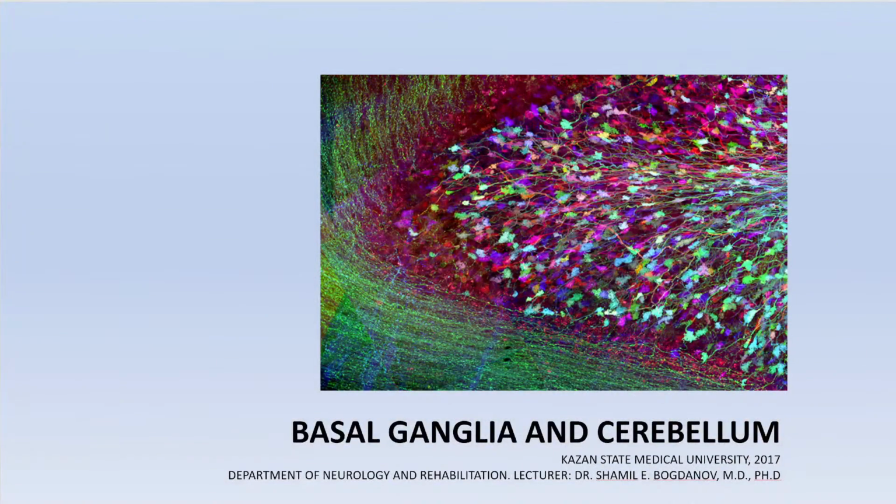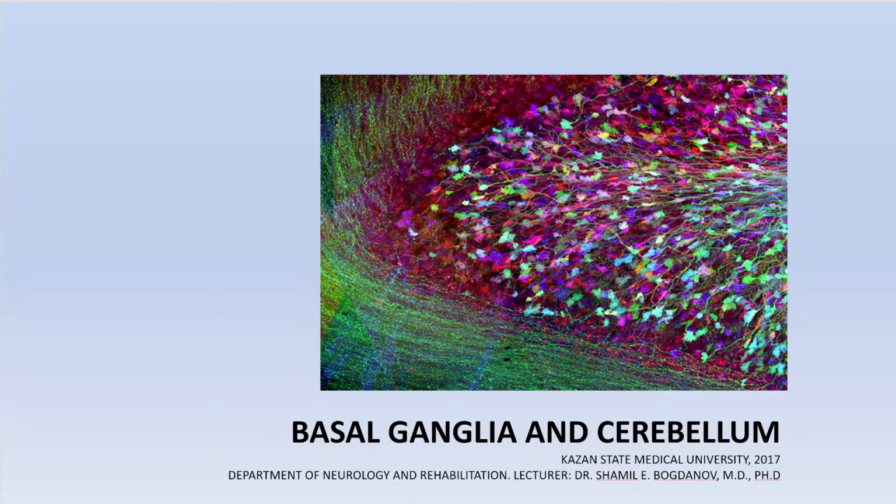Here we go. By the way, what you see on the screen is an enlarged and colorized electronic microscopy of rat's Purkinje cells. They are clearly visible as separate cell bodies, and they are extremely large in comparison to other neurons.